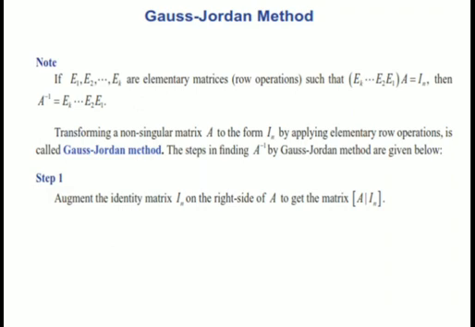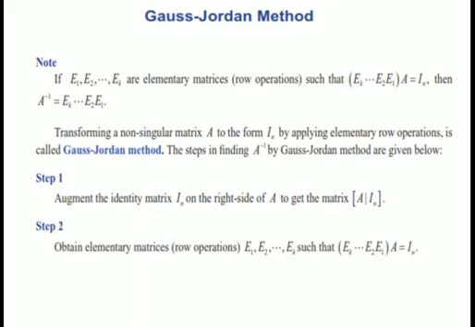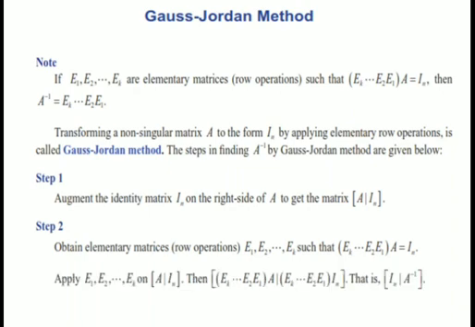Step 1. Augment the identity matrix In on the right side of A to get the matrix A | In. Step 2. Obtain elementary matrices E1, E2, ..., Ek such that Ek ... E2 E1 A equal to In. Apply E1, E2, ..., Ek on A | In, then Ek ... E2 E1 A | Ek ... E2 E1 In, that is In | A inverse.